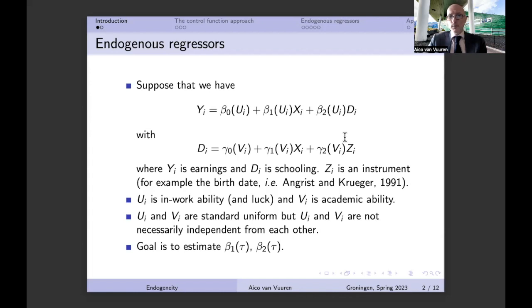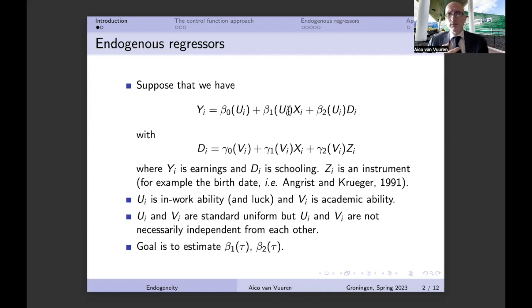And that's for the simple reason that V here is at the right hand side of the D equation that we have over here. But if U and V are correlated and D and V are also correlated, that means of course that V has an impact on both U as well as D, then it's very likely to be the case that U and D are also correlated to each other. And that's bad news. That means of course that we can no longer do quantile regression.